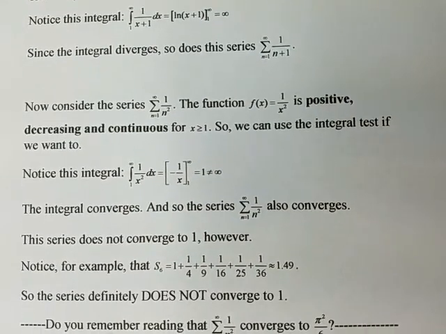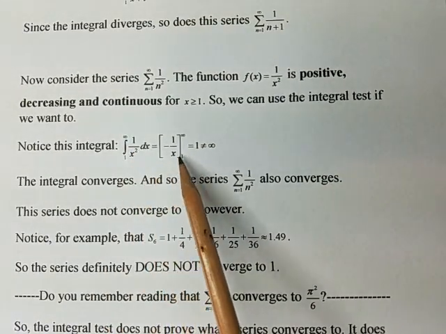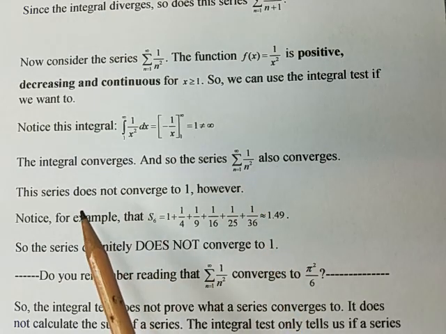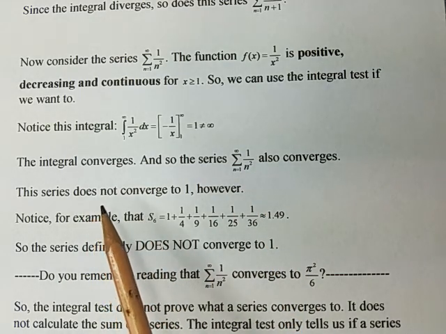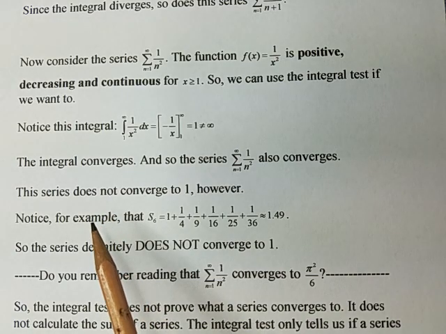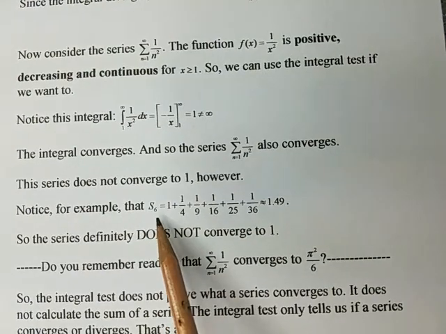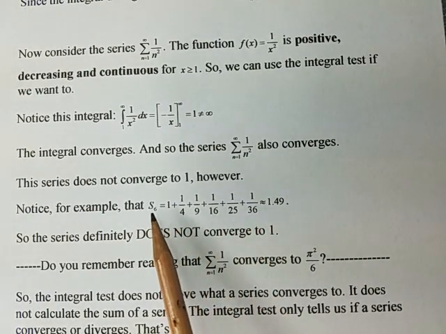Okay? Now, it's time for some fine print. Say I do this integral and I get 1. Does that mean the series converges to 1? Okay? It doesn't happen to mean that. And you don't have to believe me. Look at this. Take that series and add the first 6 terms together, for example. There we go.